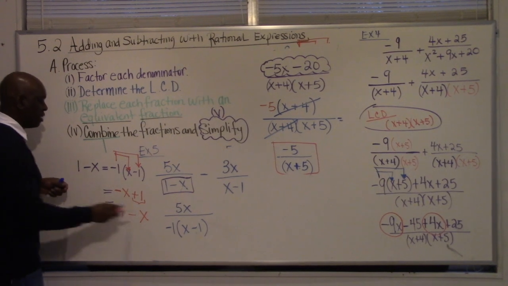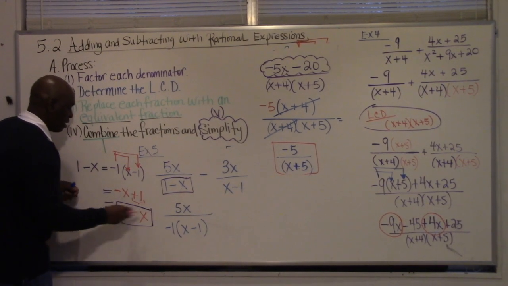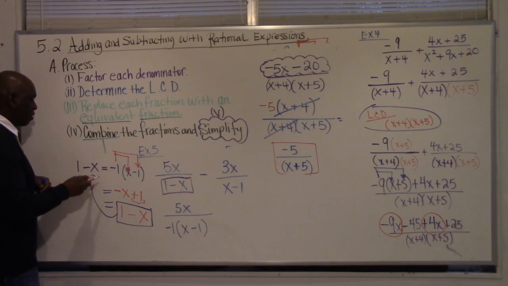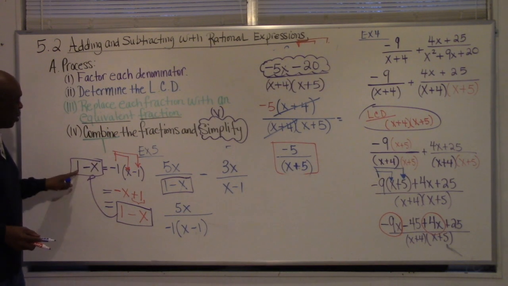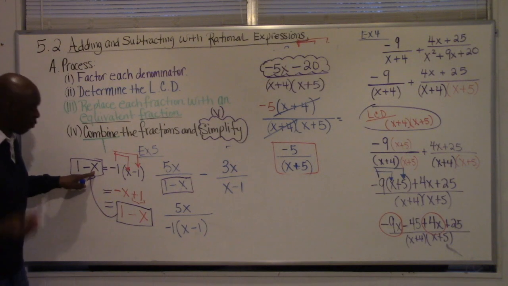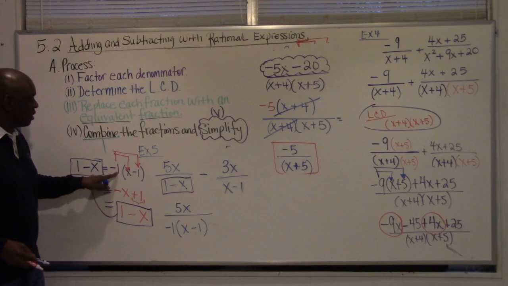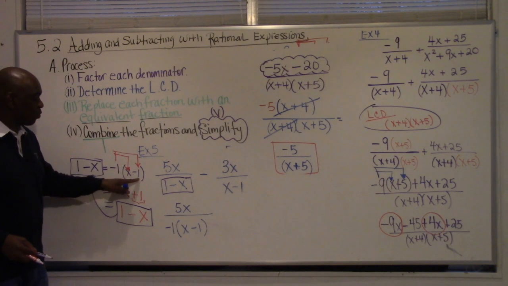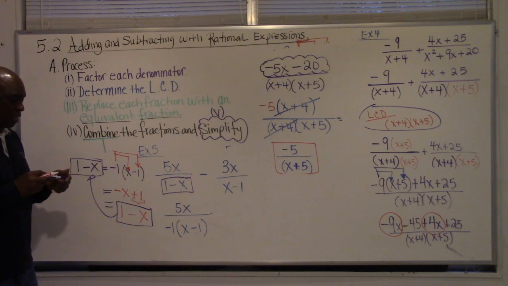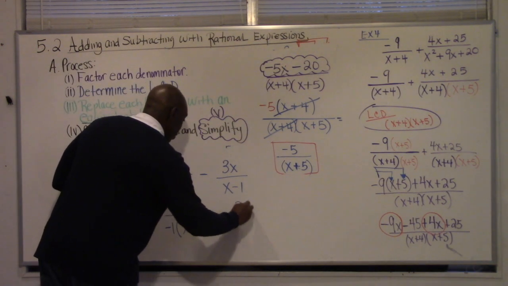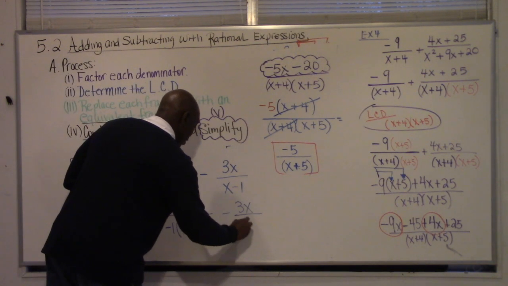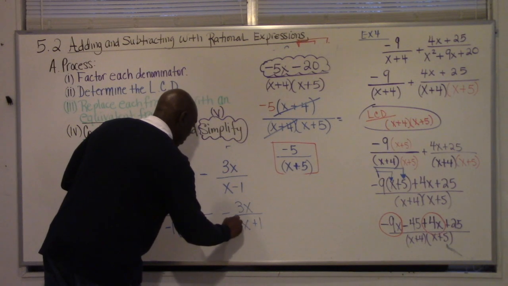So as you can see, this expression is the same as this expression. So we're taking this 1 minus x and writing it as negative 1 times x minus 1. Okay, very good. And it's minus 3x over x minus 1.